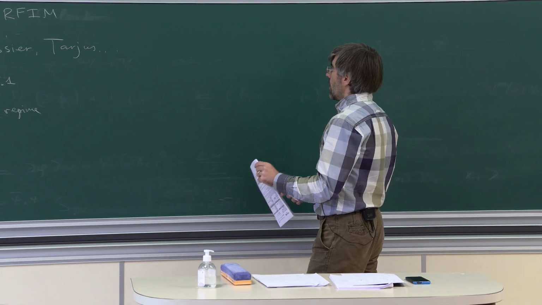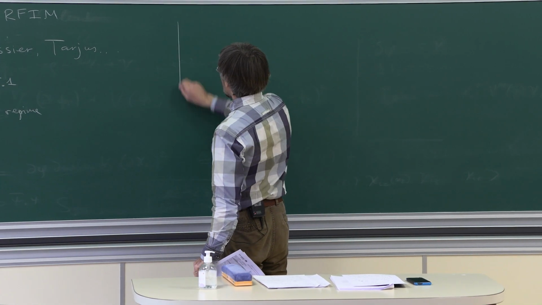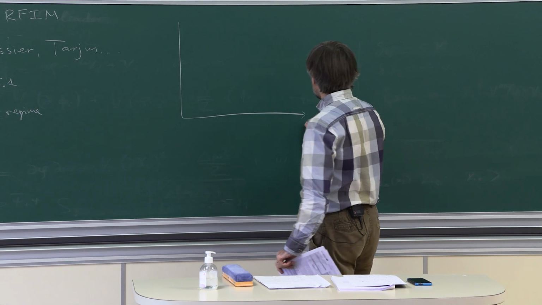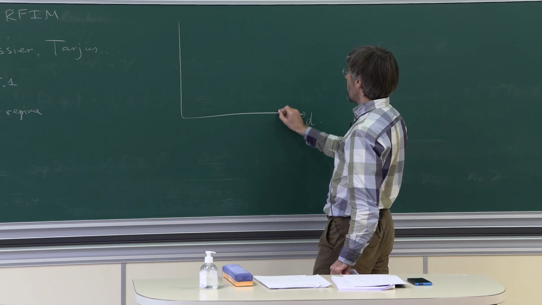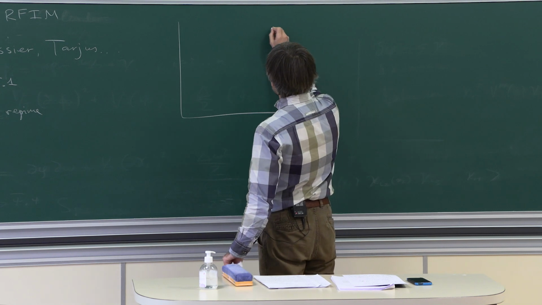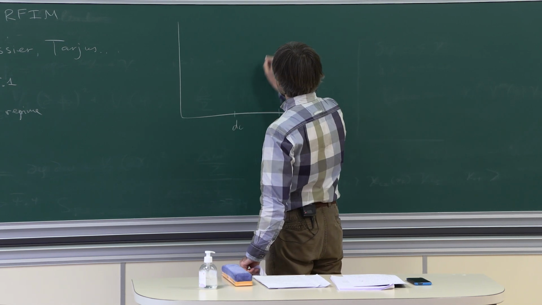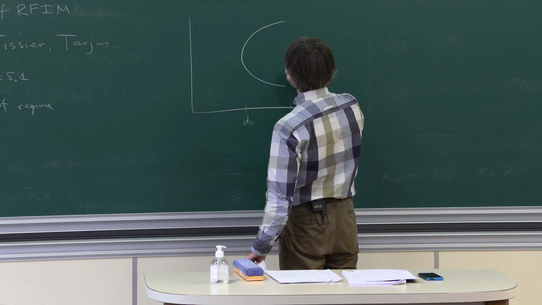claim is the following phase diagram. So they claim that as d varies, for d larger than d critical, there are two supersymmetric fixed points.